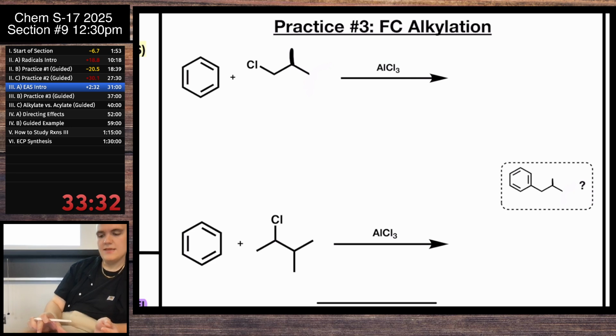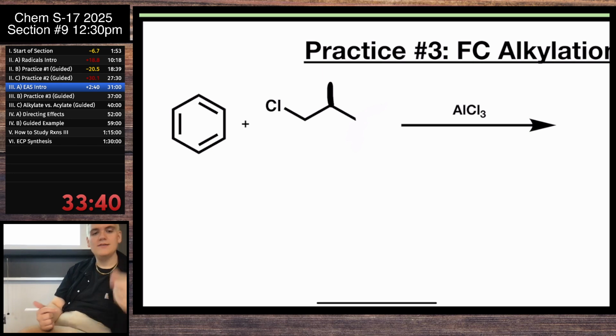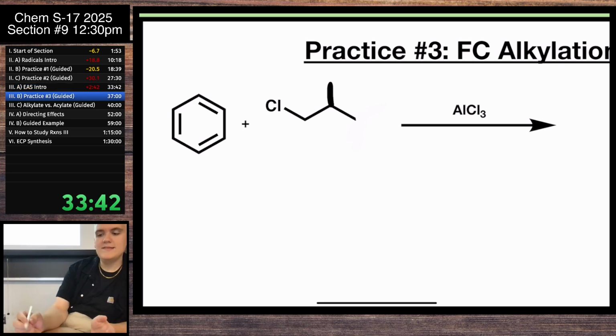But let's think through this. So if we are trying to do Friedel-Crafts alkylation, we know we're starting with the alkyl halide. And then the question that we should be asking ourselves is, did we do this via SN2 or SN1? So the first step is always going to be we associate with our AlCl3. So I'll go ahead and draw what that looks like, the AlCl3 minus plus here.